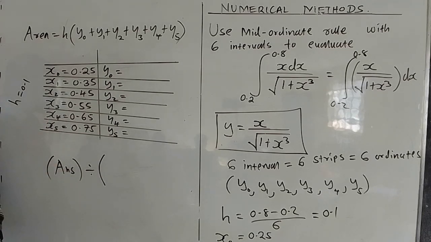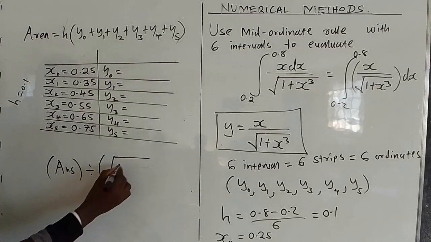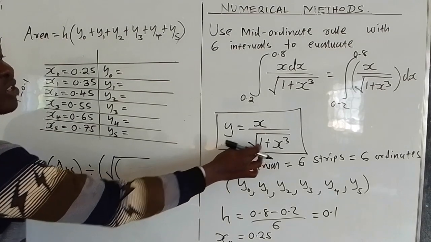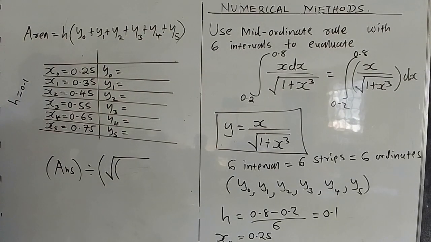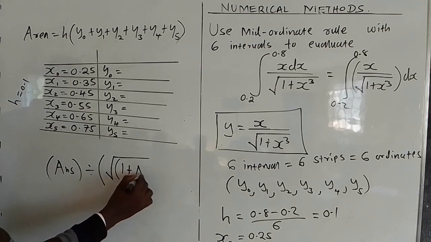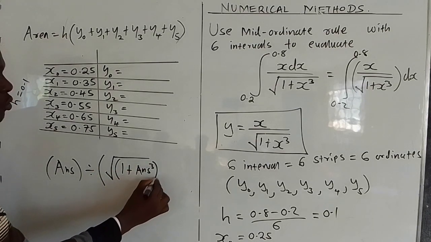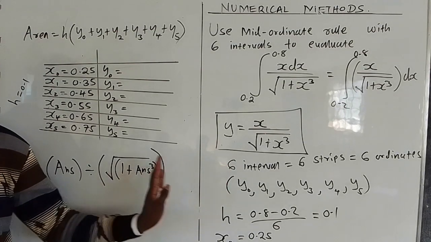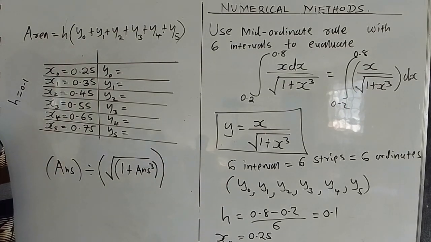That bracket means the whole of it is the numerator, isn't it? Then square root, then you put smaller bracket, because if you don't put smaller bracket, it means you are looking for the square root of this term only in that calculator. Are we together? 1 plus answer cube. You close the top bracket. You close the bracket inside, then you go outside, you close the bracket which is outside.